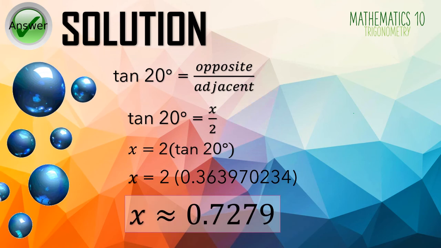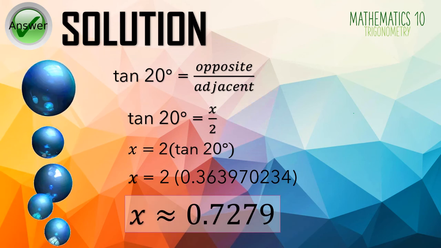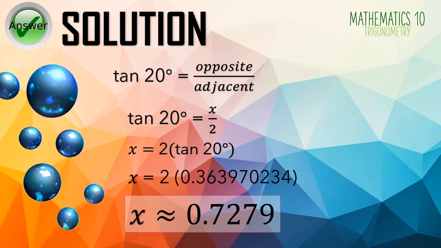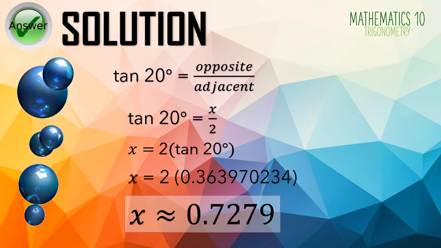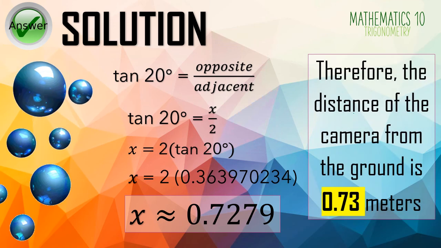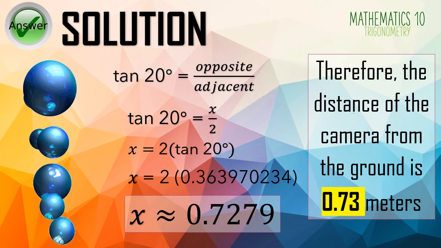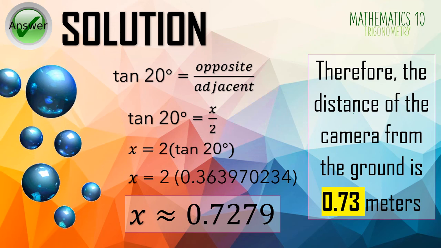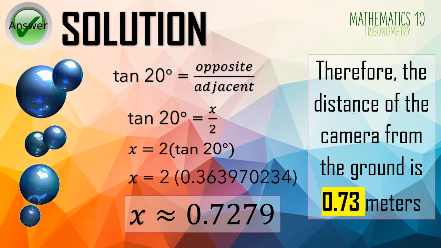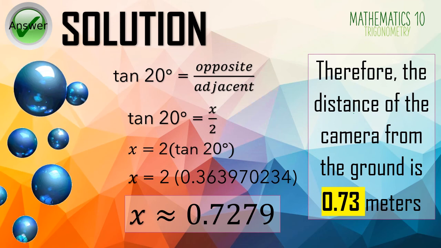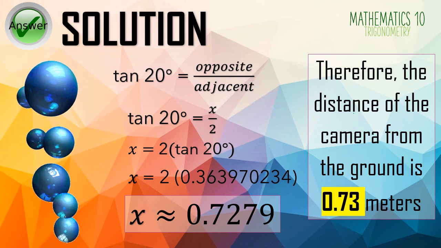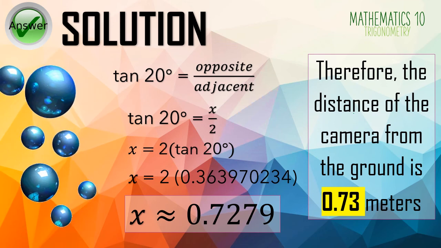So you'll end up with x approximately equal to 0.7279. In sentence form, you must have this: therefore, the distance of the camera from the ground is 0.73 meters.